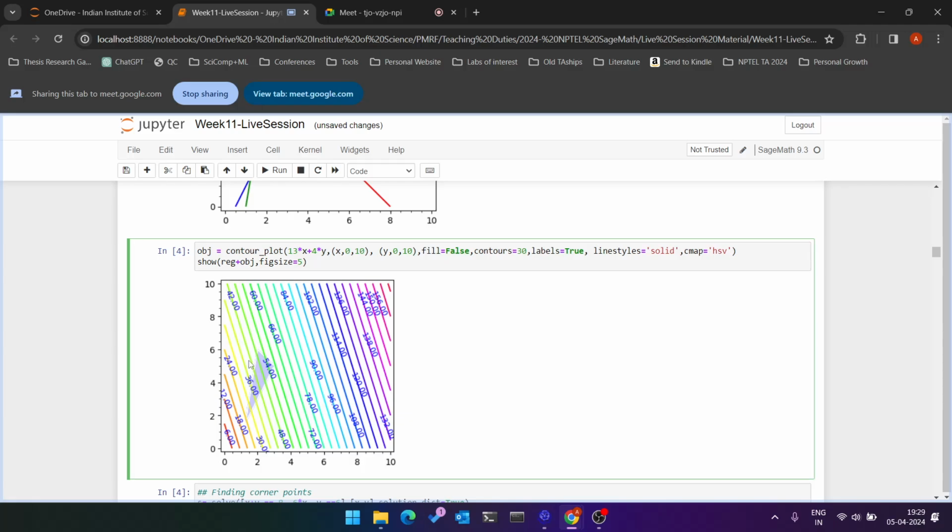So from this contour plot, we expect that this point on the triangle, the rightmost point, somewhere between 2 and 4, seems to be the point where our objective function is being maximized, and it should have a value between say 54 to 66.